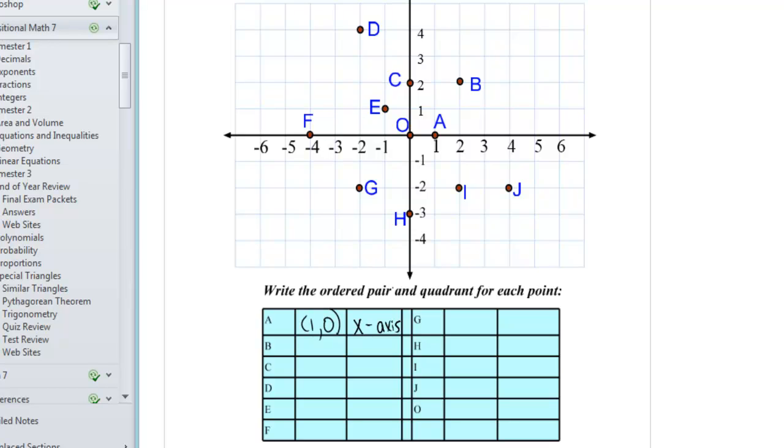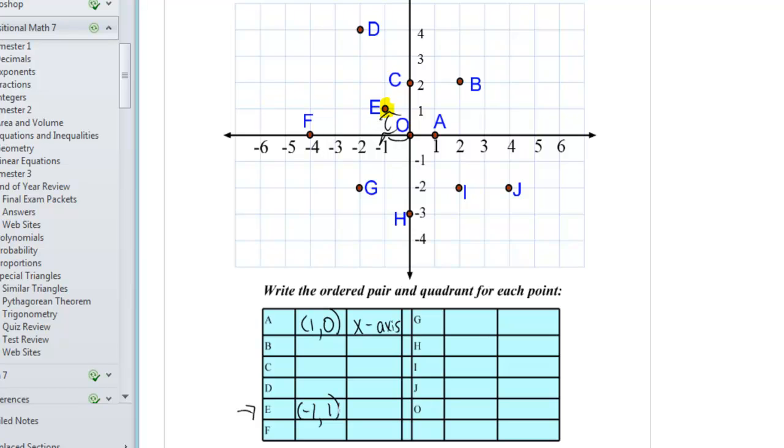And now let's skip over to point E. How far over did we go for the x value? We went over -1, right? So that's our x value. And then how far up did we go for our y value? We went up 1, so that's +1 for our y value.